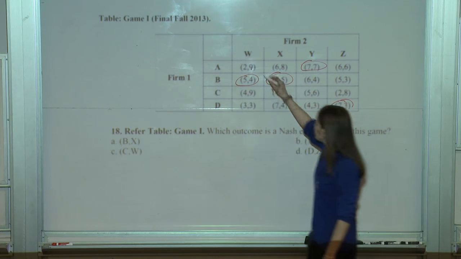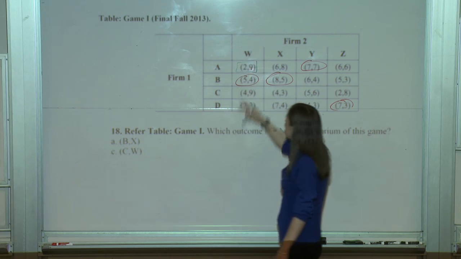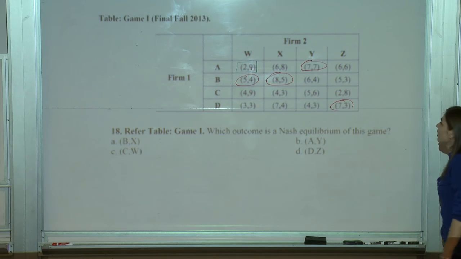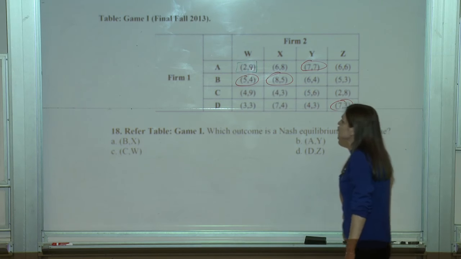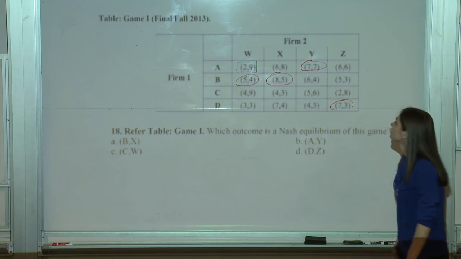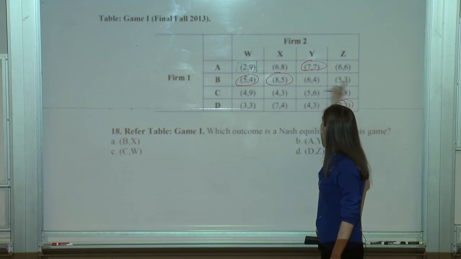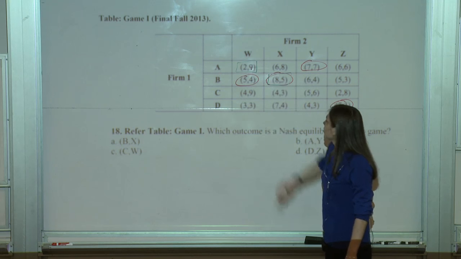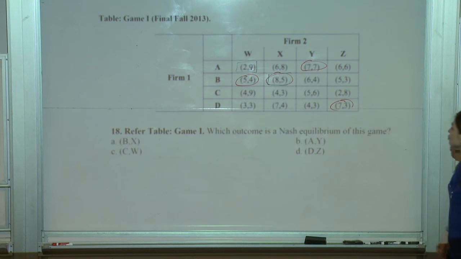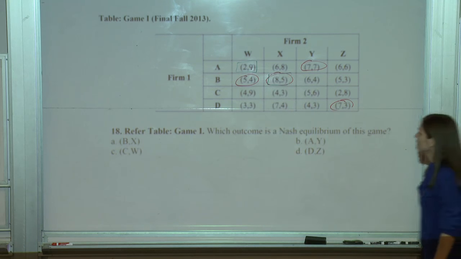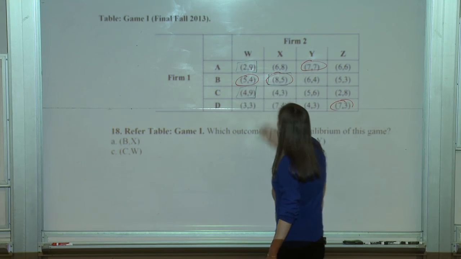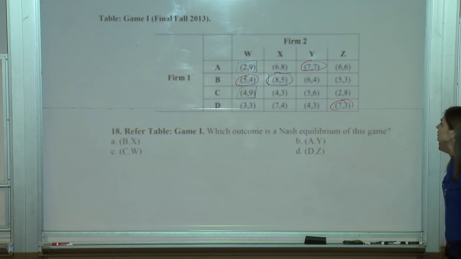W, this is 9. If firm 1 is to choose B, what should I do? X, because that gives me 5. The other ones are lower. If they were to choose C, what should I do? W. And if they were to choose D, X.